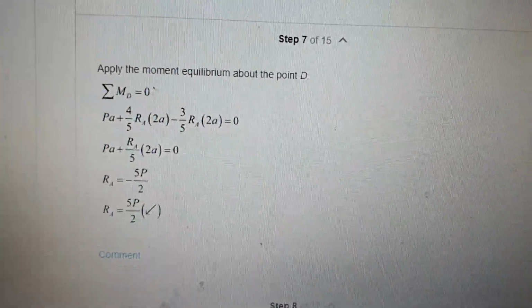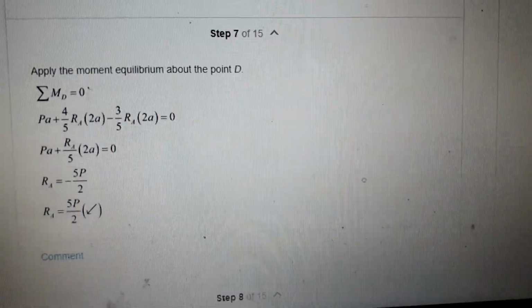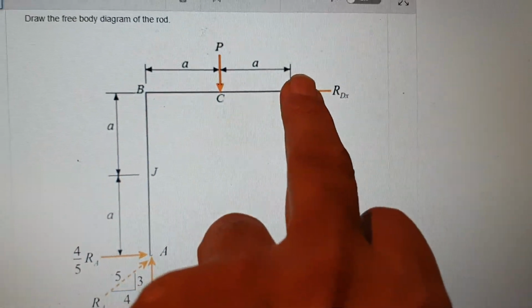And then from this one, you could find moment at D and do the same approach. Do the same summation of moment at D at this point.